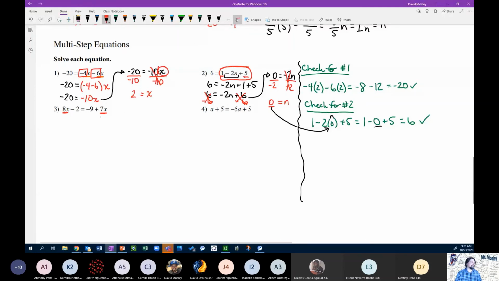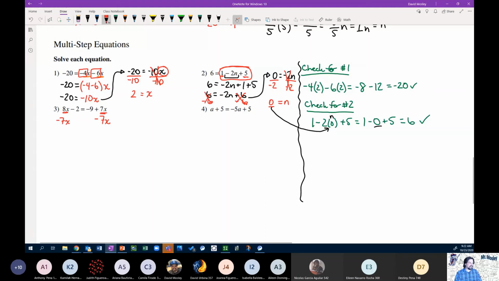So I've got to move stuff around. The first thing I'm going to do is subtract 7x from both sides. This is because I need the variable gone from the right-hand side and existing on the left-hand side.